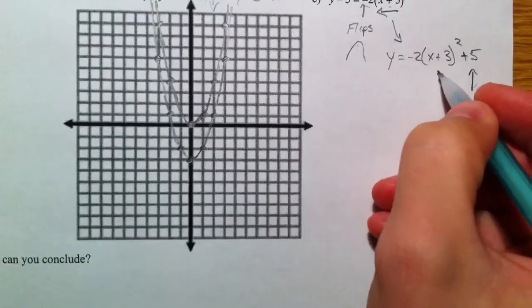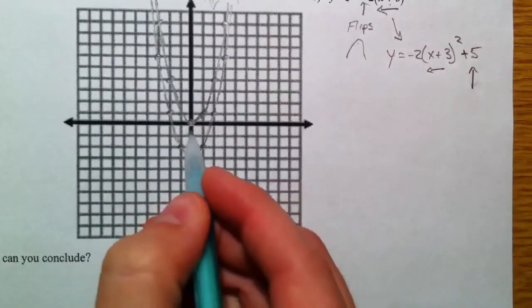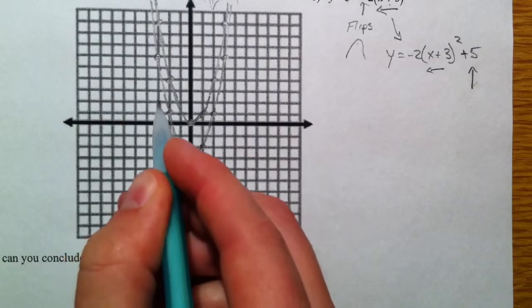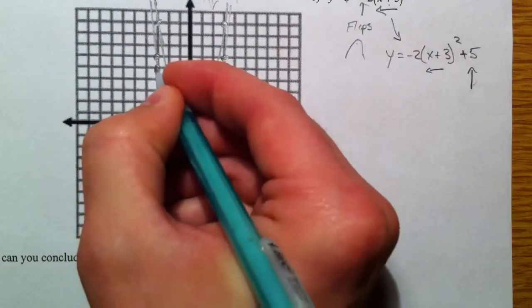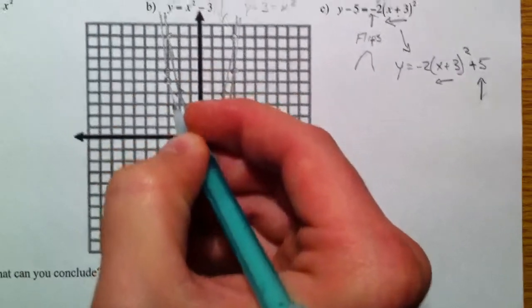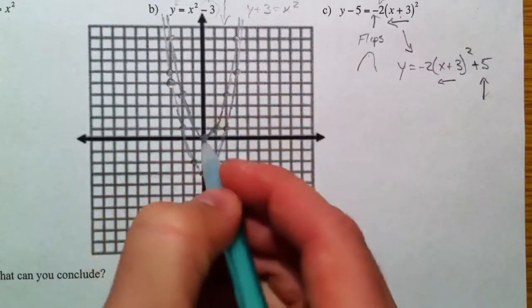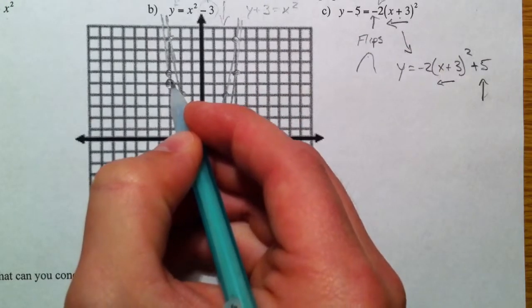And so we've moved left 3, flip-flop, so 1, 2, 3, and 1, 2, 3, 4, 5. Okay, so stick with me. This is my vertex. I've gone left 3 and up 5, so we've already taken care of the 3 and the 5.